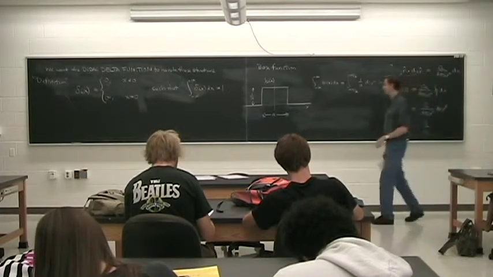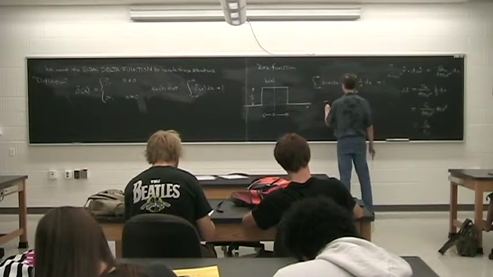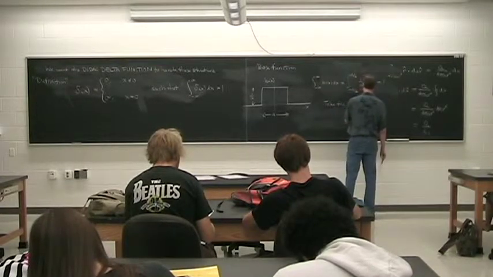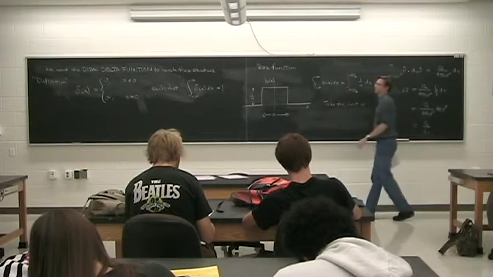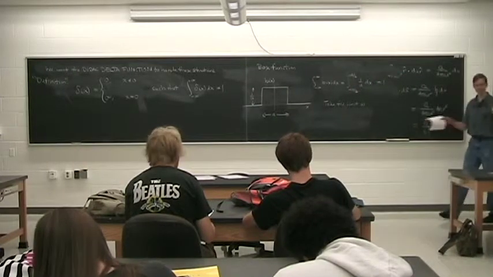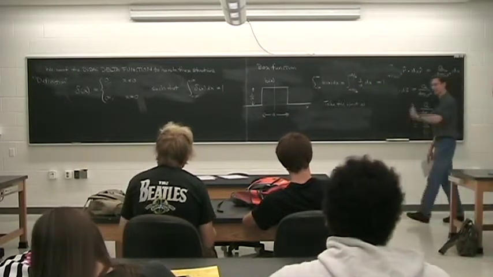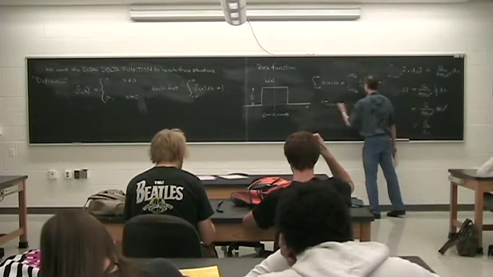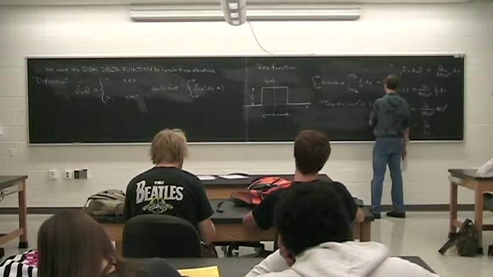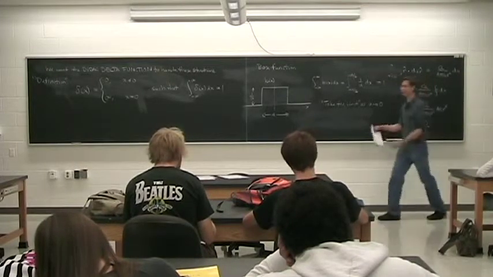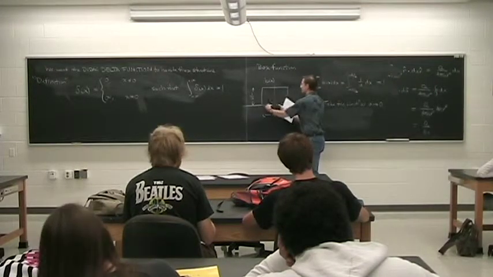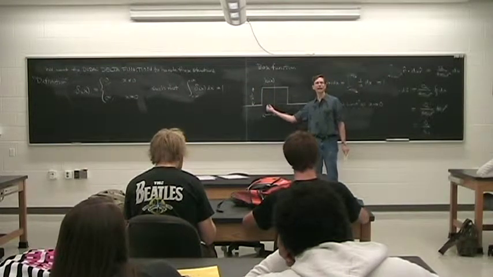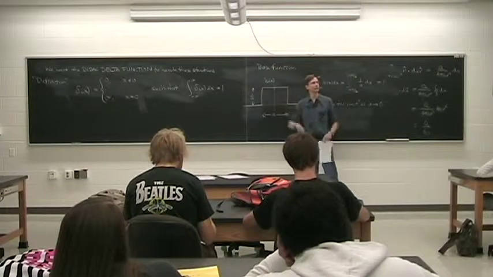So the idea is, so to speak, because I say so to speak because really it's not a well-defined limit because of the fact that it blows up at the origin, but take the limit as a goes to 0, and as you do so, the box keeps getting narrower and narrower, but the height is 1 over a, so the height of the box keeps getting taller and taller.